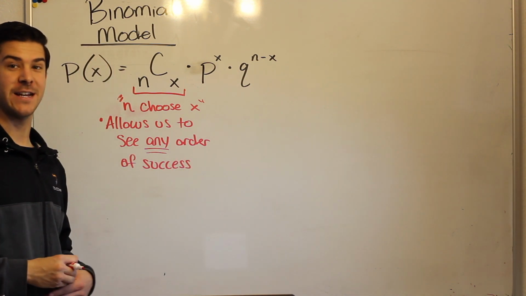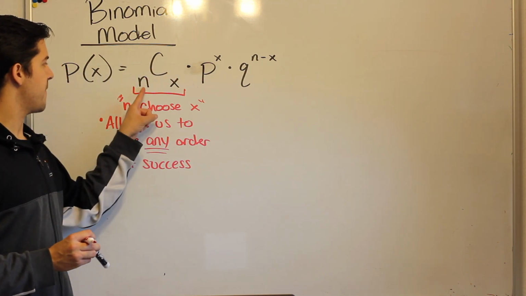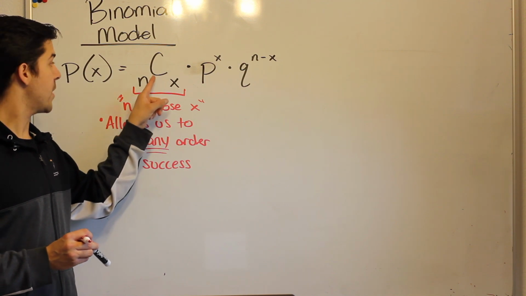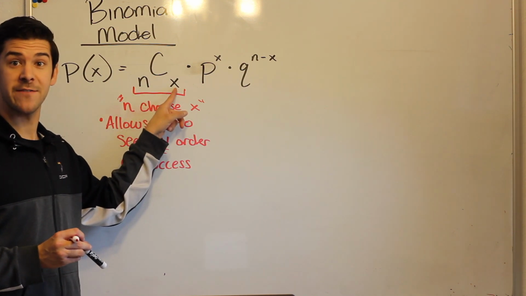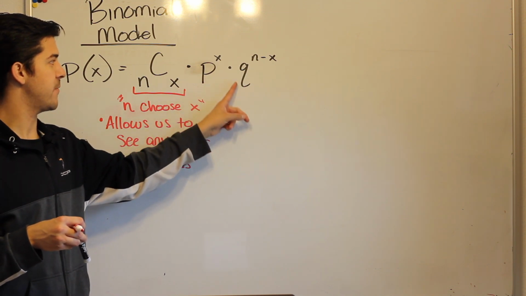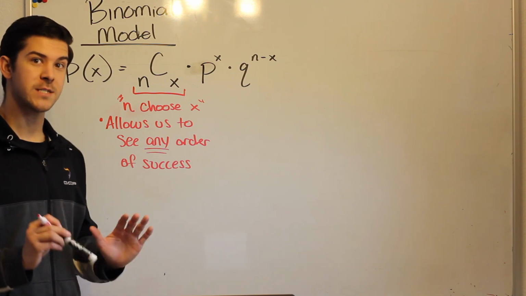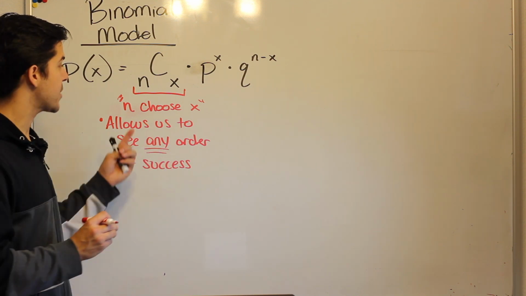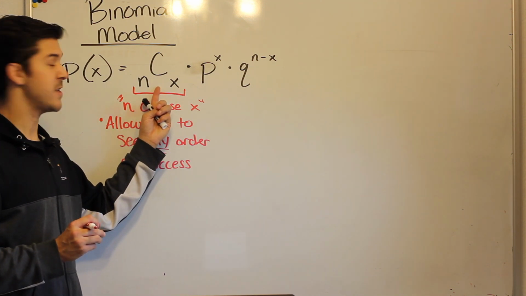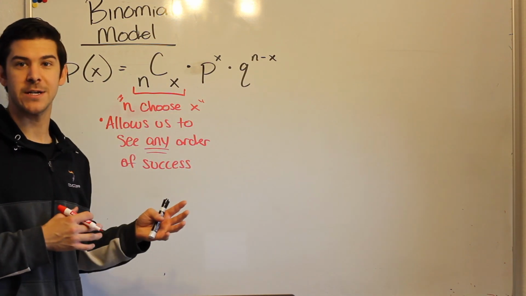As previously stated, I wanted to talk about me shooting a basketball. If I shot a basketball 5 times and I wanted to choose 2 of those 5 times in order to make the basket, I would succeed twice and I would fail the rest of the time. But because order doesn't matter here, we can look at this piece of the equation to help us mix and match the different opportunities.